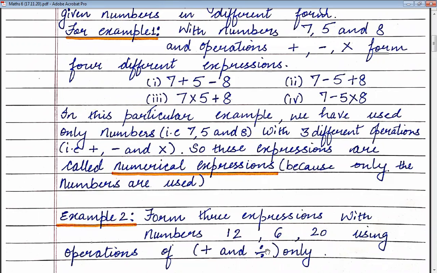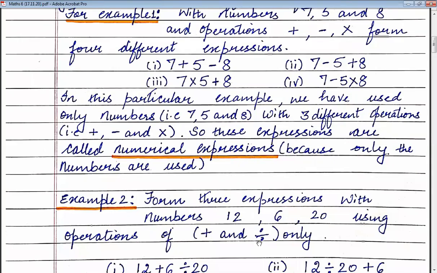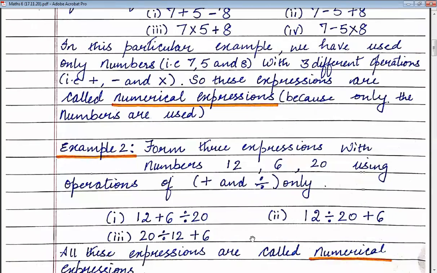How many numbers do we have here? 3, that is 12, 6, 20, and we have to use only two operations, that is plus and divide. So here we go. Let's see what three expressions we have made.